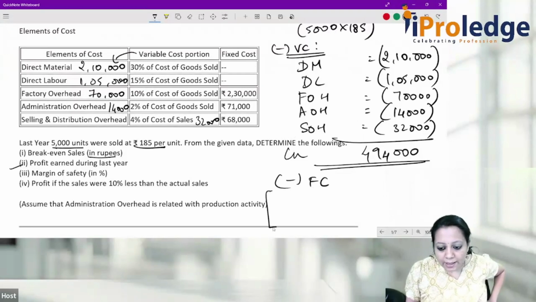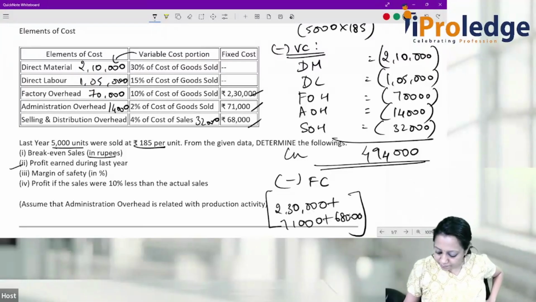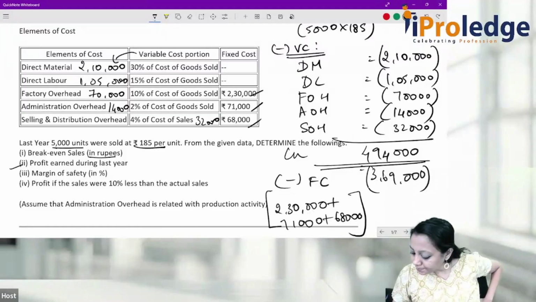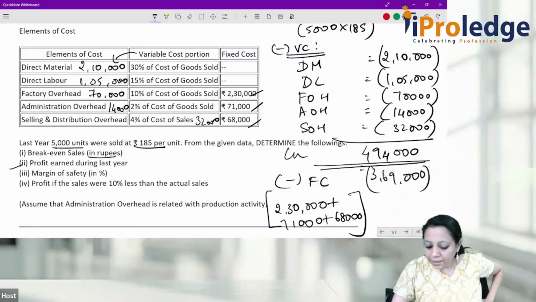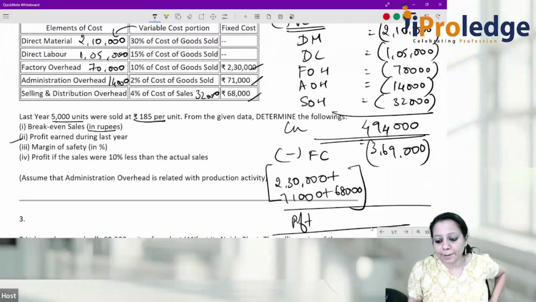I'm taking all the fixed cost: 2,30,000 plus 71,000 plus 68,000. 3,69,000. So profit is how much? 1,25,000.